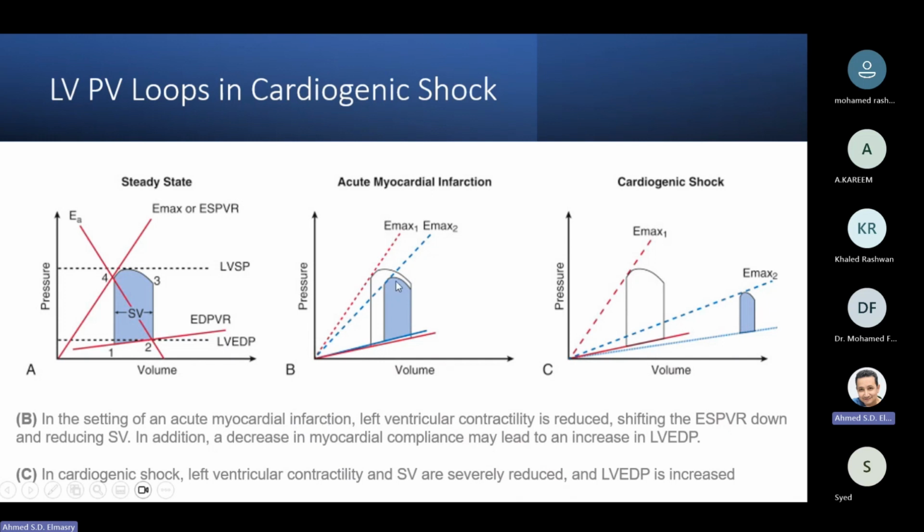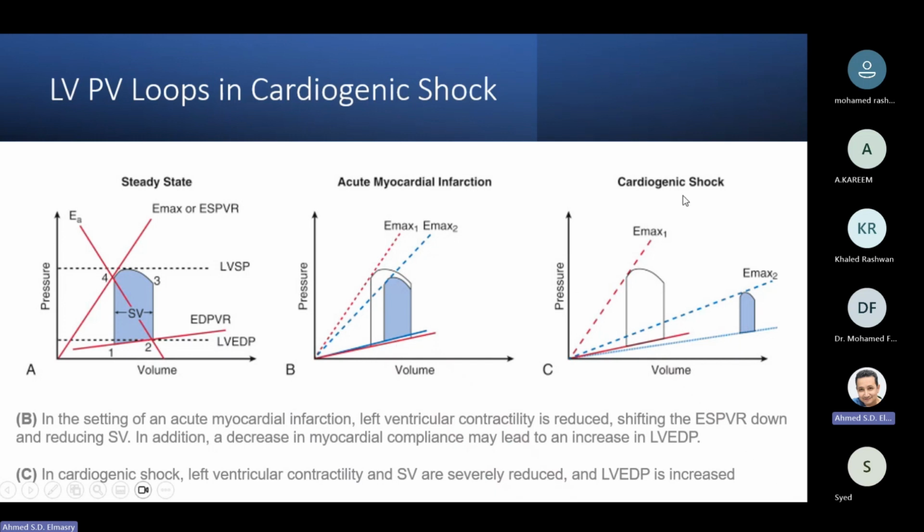So here you notice that in acute myocardial infarction, there is minimal change in the preload state of the heart, but you will notice that the Emax, or the end systolic pressure volume relationship, has dropped from this point to this point. That means that the systolic function of the heart has been reduced, and as you see, the difference between this point and this point is equal to the stroke volume, which is reduced from this point to this point.